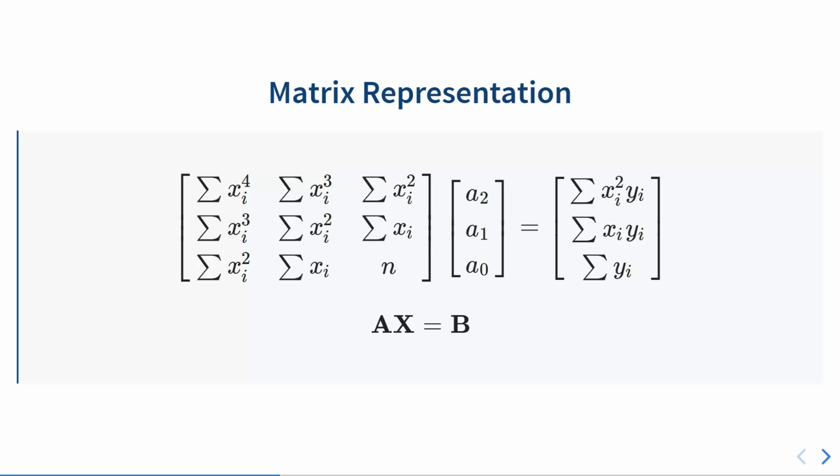If I solve, X is equal to A inverse B, so we can easily get a2, a1, a0. First we have to calculate all the coefficients and constants of that matrix, then form the matrix, and then solve.